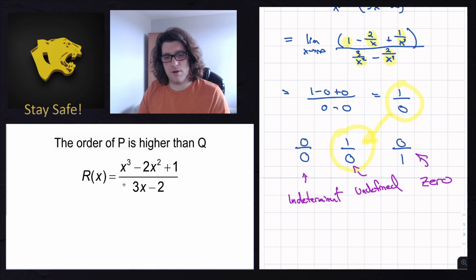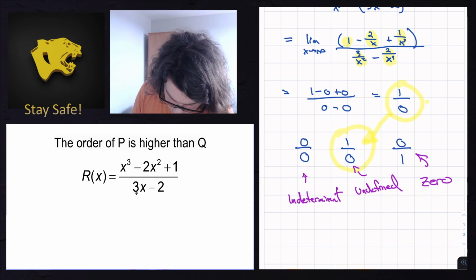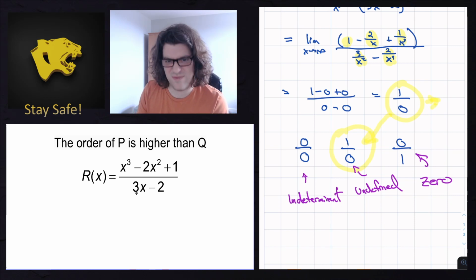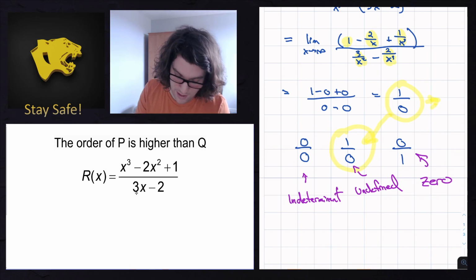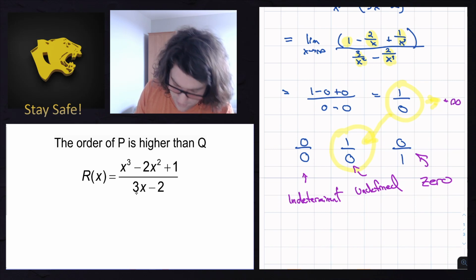Down here, we're going to get just positive infinity times positive 3, so that's going to be a positive number as well. Positive divided by a positive is a positive. So if we wanted to get a little more detail, instead of just saying that that's undefined, we could say that that is approaching positive infinity.